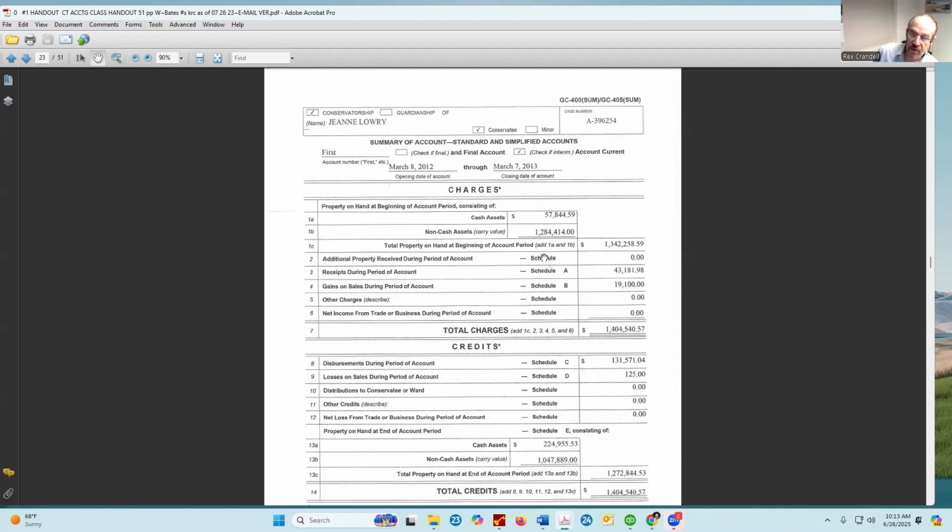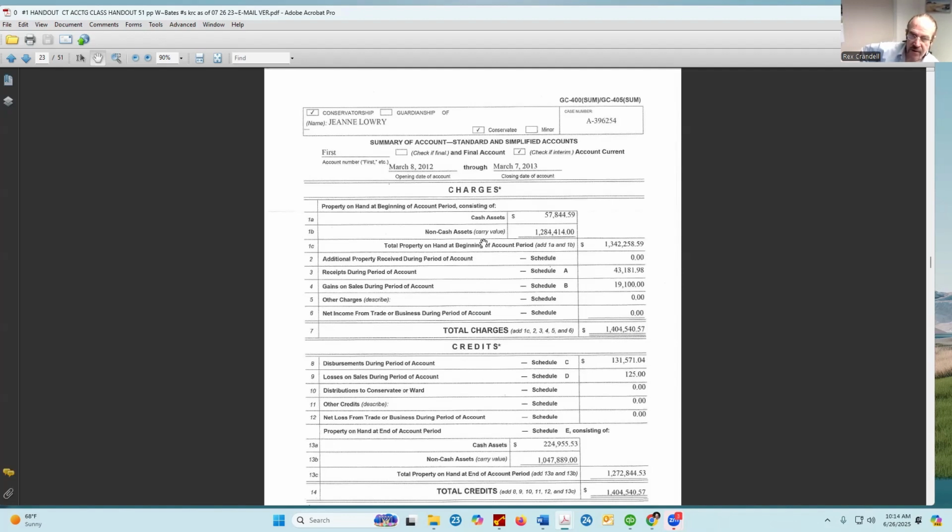So these two numbers end up being a copy job, and that's your starting point. The top part of the form, charges, are all pluses, lines 2 through 6, all money coming in. Money going out, lines 8 through 12, are the negatives, and then we'll get into the ending balances for the account.